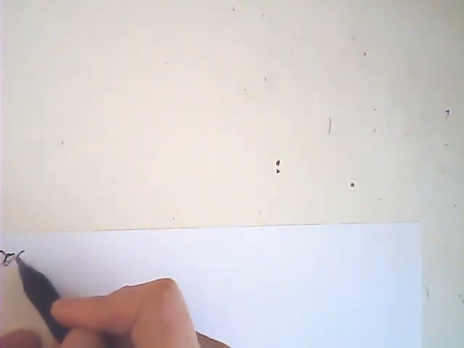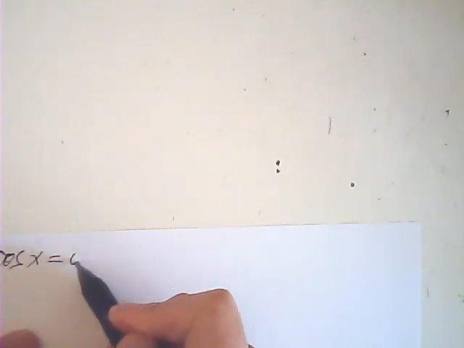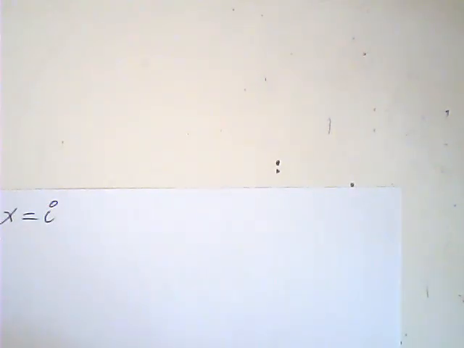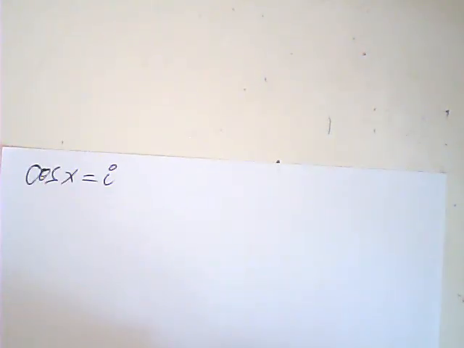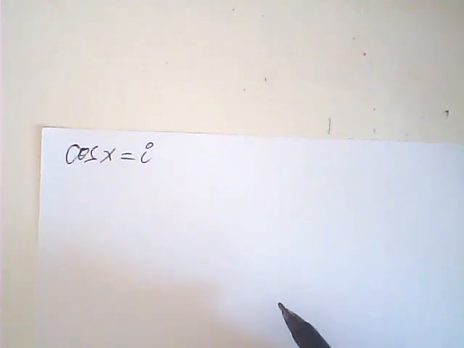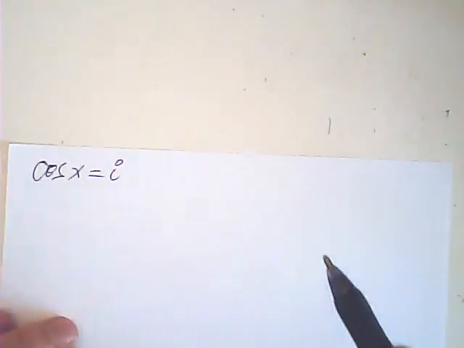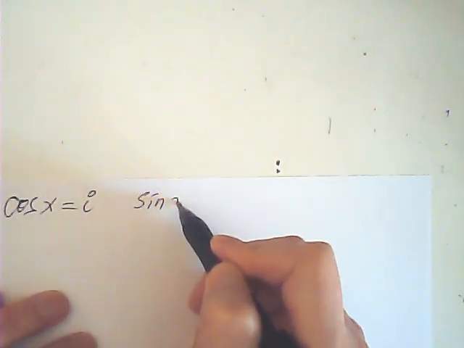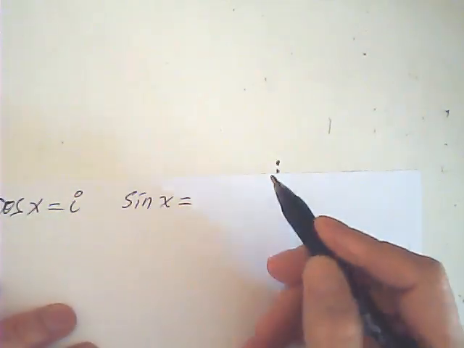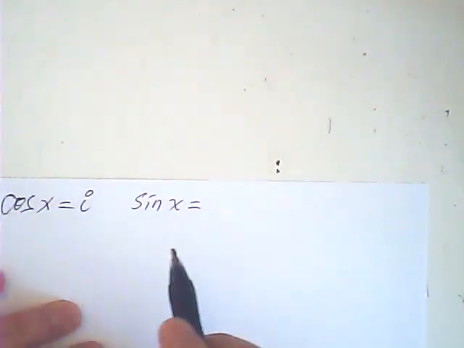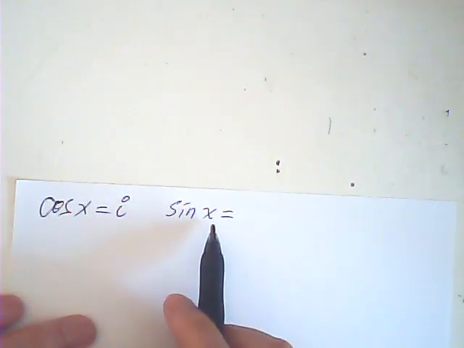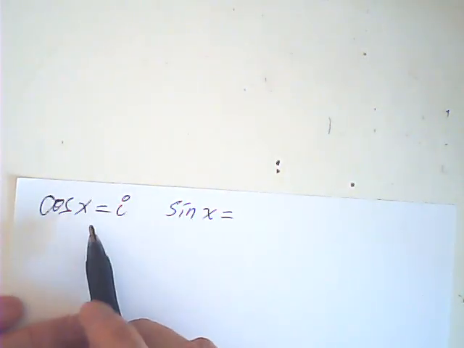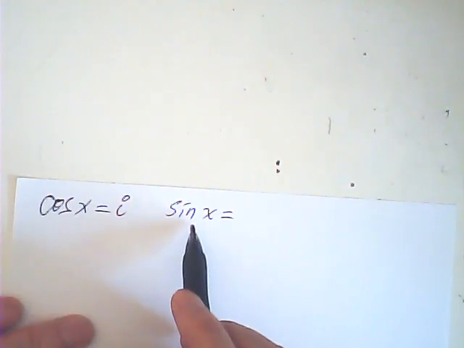And now consider the second case, cosine x equal to i. Right? And of course, we can do the analysis from the beginning. This is equal to sine x equal to... while I'm considering the first quadrant, because cosine is positive, sine could be negative.